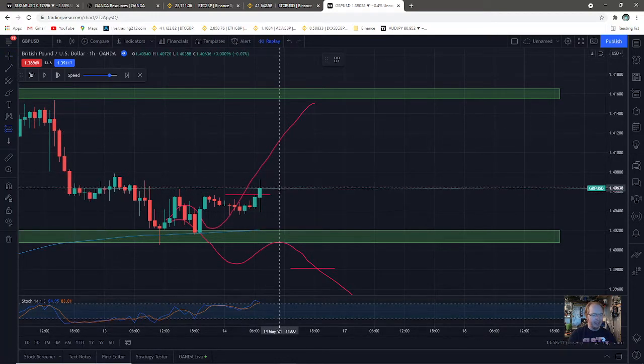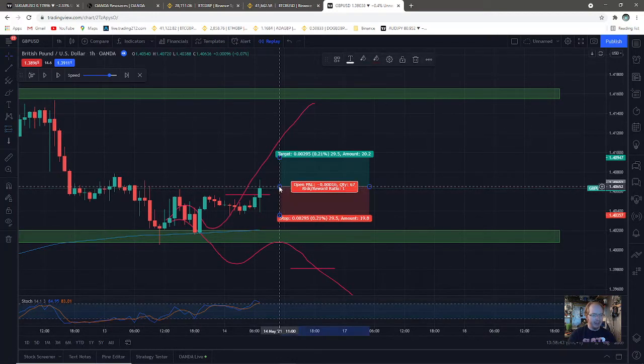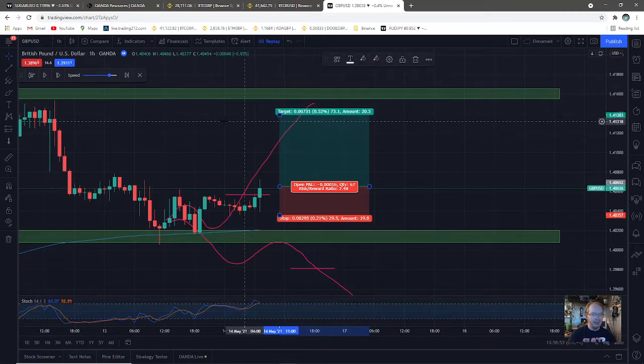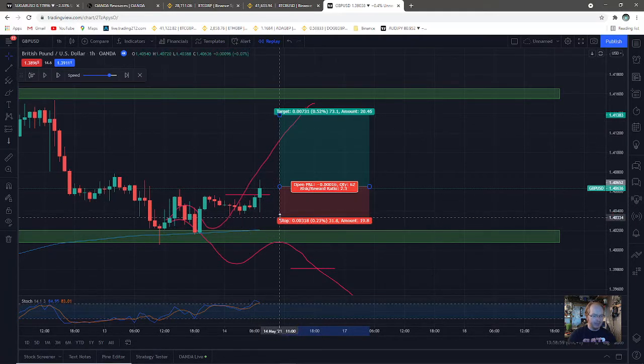Right, so at that point when it passes that level, we'd be inclined to go for a long position. So we can get in, there's the current level, so we'd get in there, all the way up to just below the top level. We never want to go here because it may only come up to this level and bounce back down. So ideally roundabouts there. Stop loss needs to be below these levels here with a little bit extra.